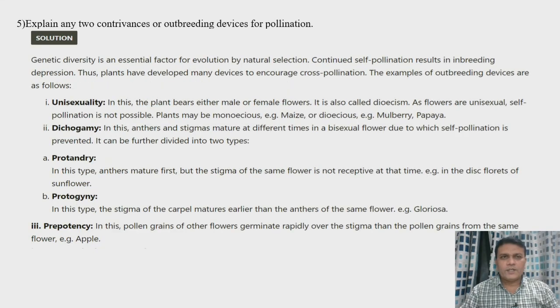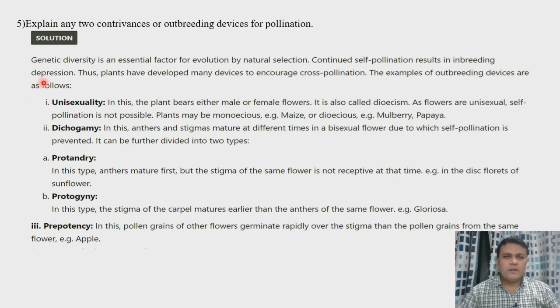Now the next question is, explain any two contrivances or outbreeding devices for pollination. Genetic diversity is an essential factor for evolution by natural selection. Continued self pollination results in inbreeding depression.